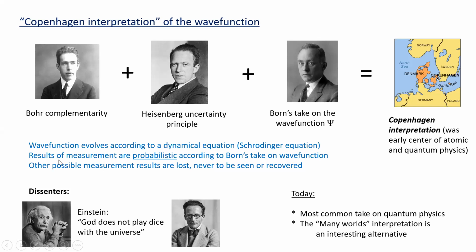It says that other possible measurement results are not lost, never to be seen or recovered, but in fact branch out into a series of accumulating universes or realities, so that all measurements are actually realized, but they branch out, and each measurement starts a different branch of the universe. So that's kind of far out stuff. Still very speculative today.